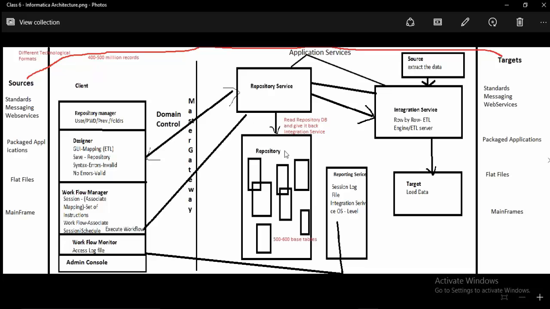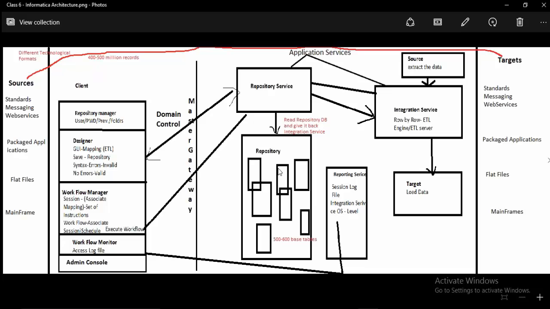Whenever you install Informatica onto your system, there is a prerequisite: you need to have a database system. Before you install Informatica on any system, you need to have a database system. It might be Oracle, it might be SQL, whatever it may be.